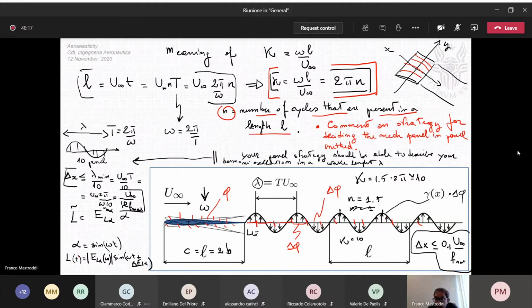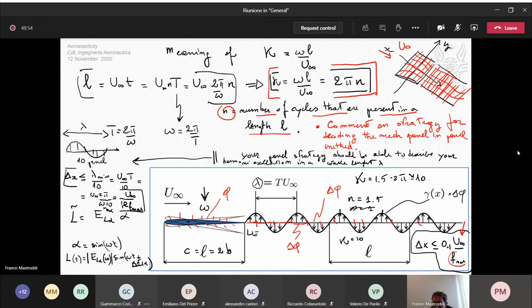But the discretization in the flow direction, in the x direction, and again in the wake, is affected by minimum velocity and maximum frequency because of this discussion on the Strouhal number or reduced frequency.